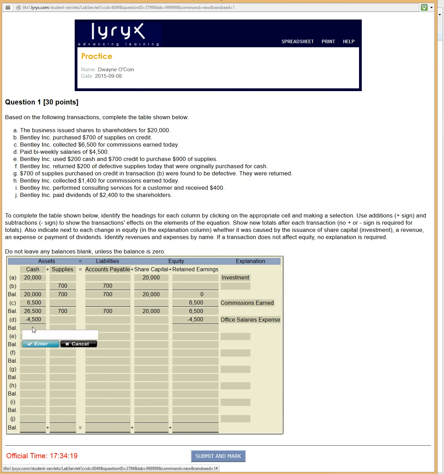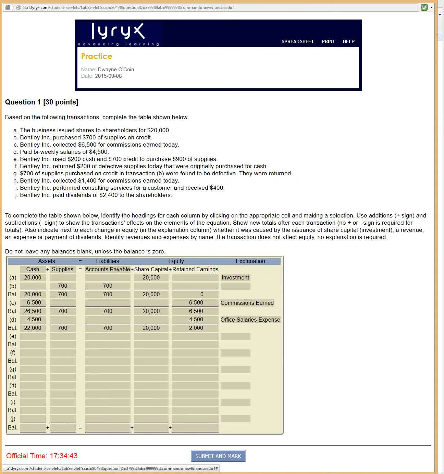So once again, let's do some balancing. 26,500 minus 4,500 gives us a balance of 22,000. 700 there, 700 there, 20,000 there, and 6,500 minus 4,500 is the balance in retained earnings. Kind of getting the hang of it, I hope.